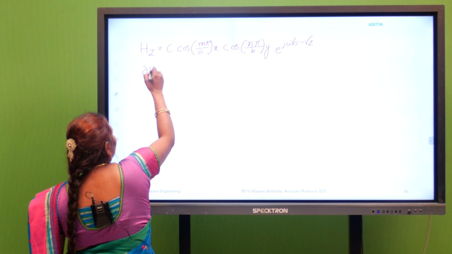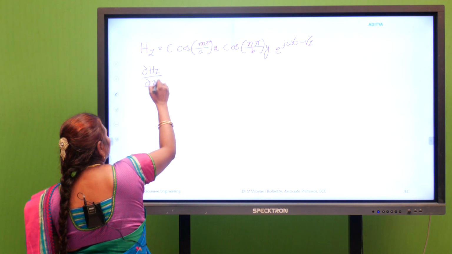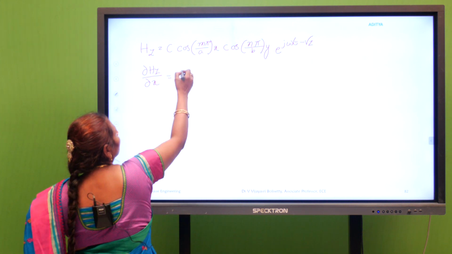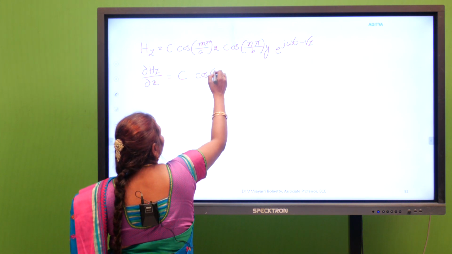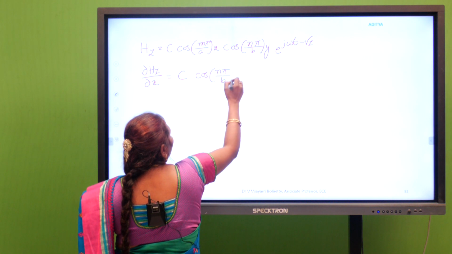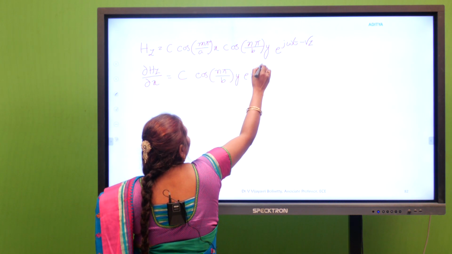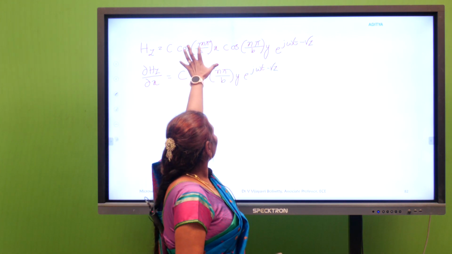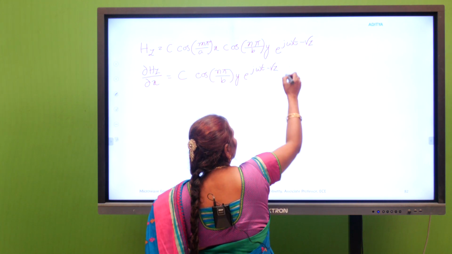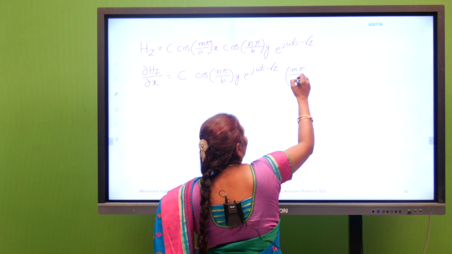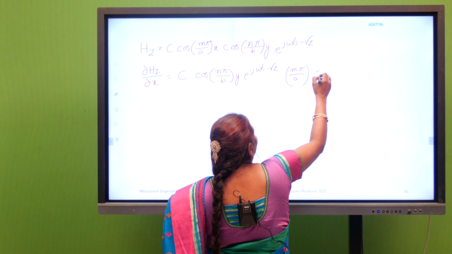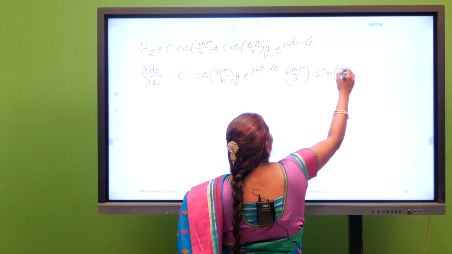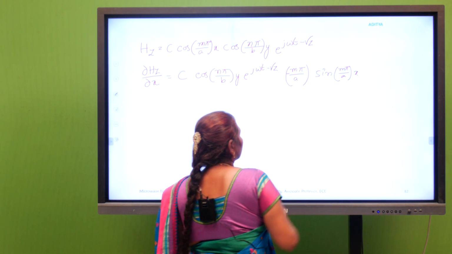Now differentiating this Hz with respect to x, the y and z become constants. So C cos(n pi by b y) e power j omega t minus gamma z into the differentiation of cos(m pi by a x), that is m pi by a into minus sin(m pi by a x).